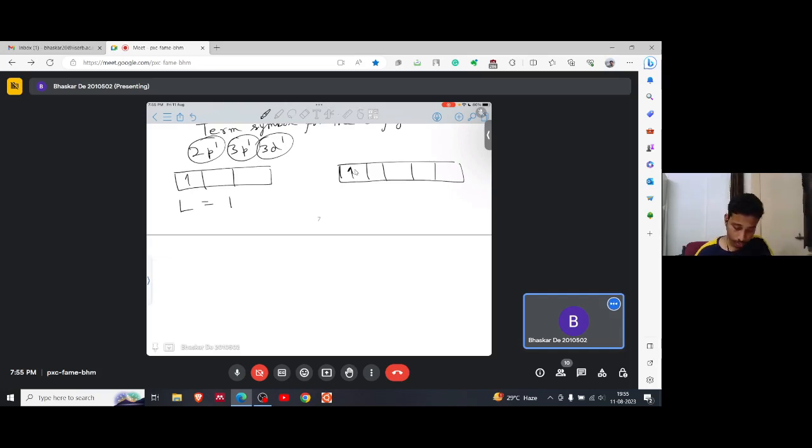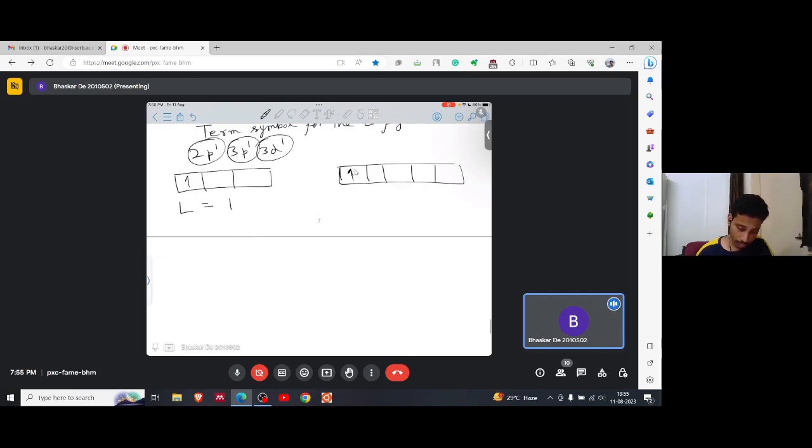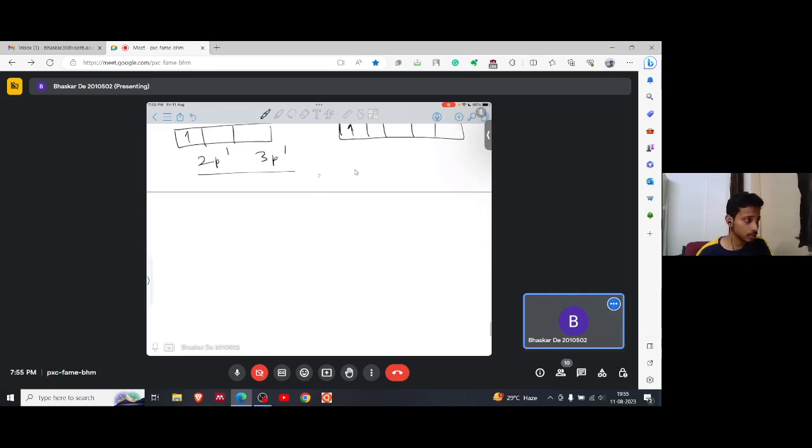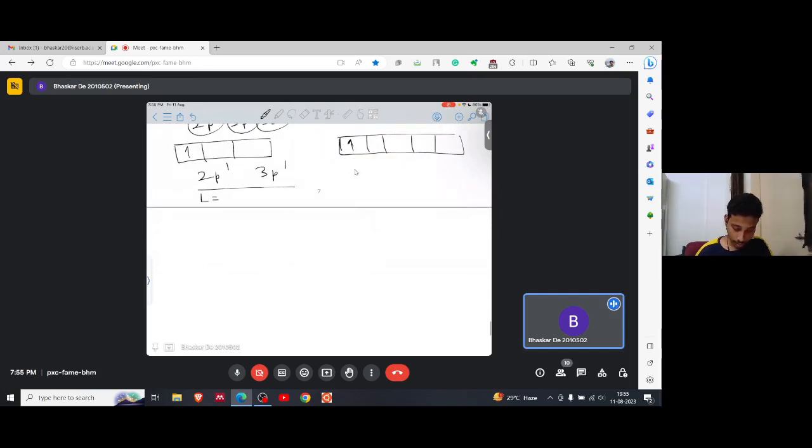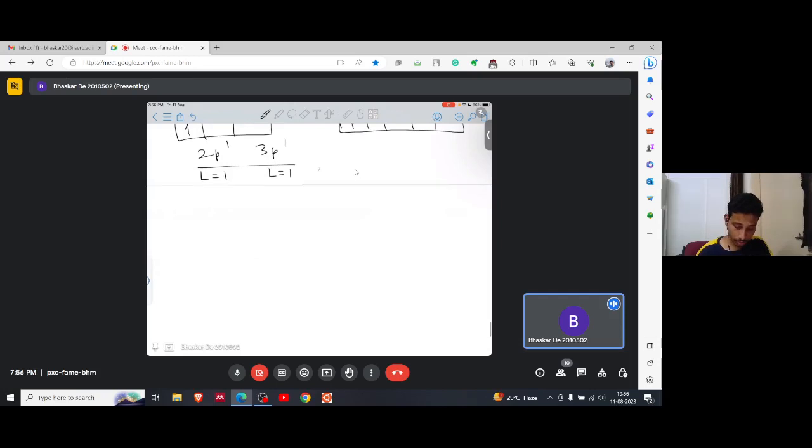Okay, so to start this problem, we'll first think about 2p1 and 3p1. For this one L equals 1, and for this one L equals 1. So when you calculate the summation of L, there are 3 possible values: 2, 1, 0.